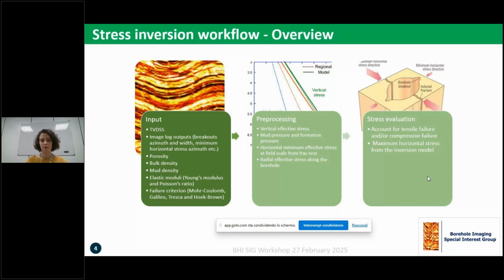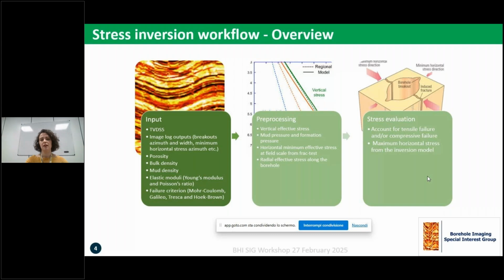We implemented Mohr-Coulomb, Griffith, Tresca, and Hoek-Brown failure criteria. Then all these inputs are put into a MATLAB code, which is able to perform a pre-processing and then a stress evaluation. I'll go through the main steps in detail in the next slides, just to provide you an overall view.